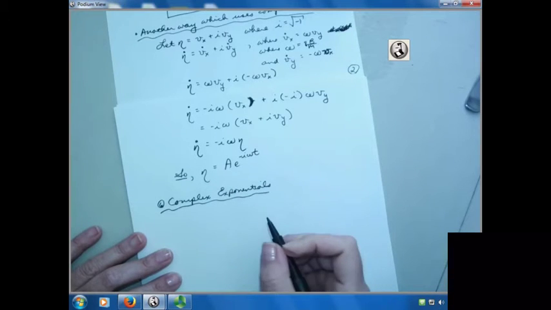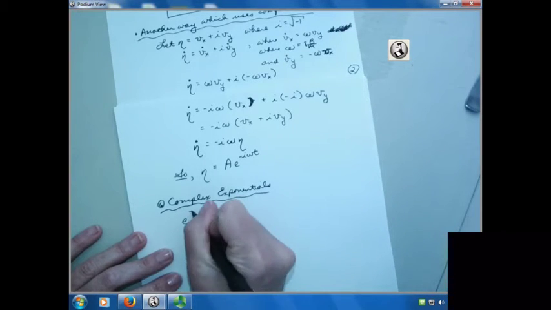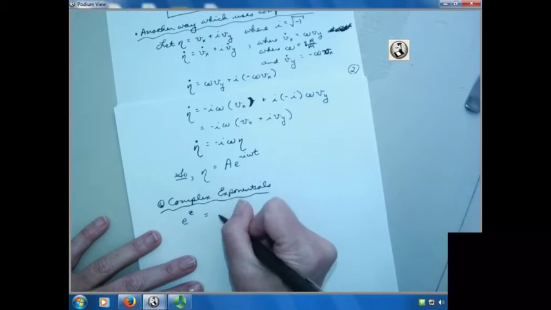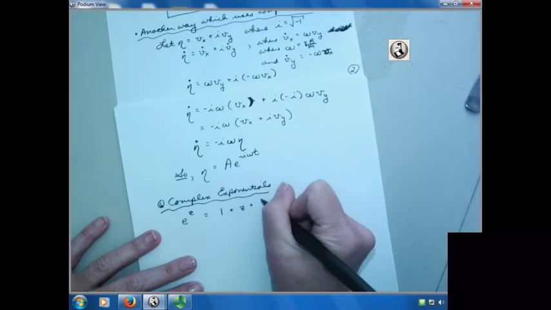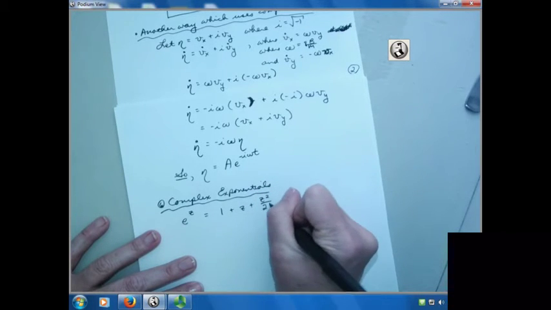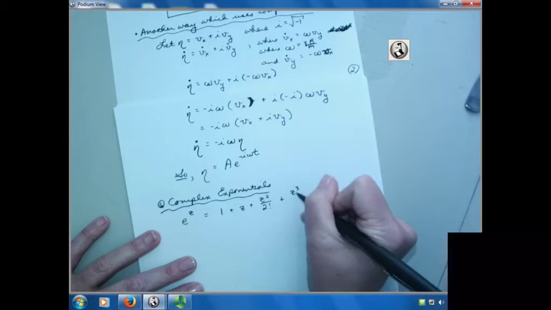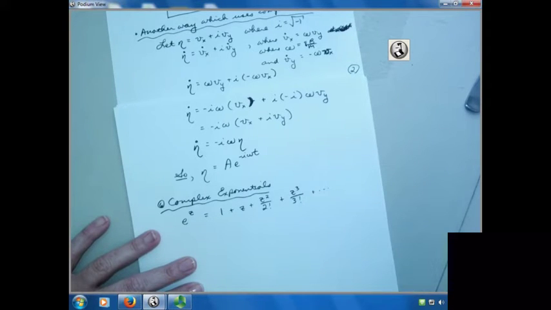All right, so if I Taylor expand e to the z, this is just simple Taylor expansion: 1 plus z plus z squared over 2 factorial, plus z cubed over 3 factorial, plus and so on. Remembering that 3 factorial is 3 times 2 times 1.